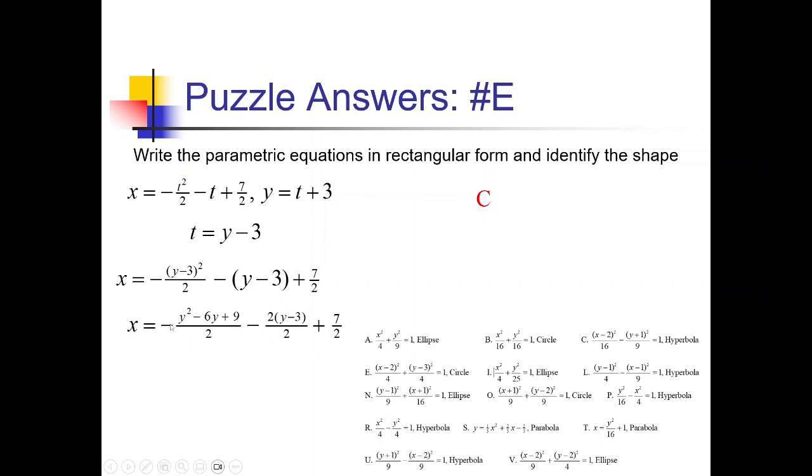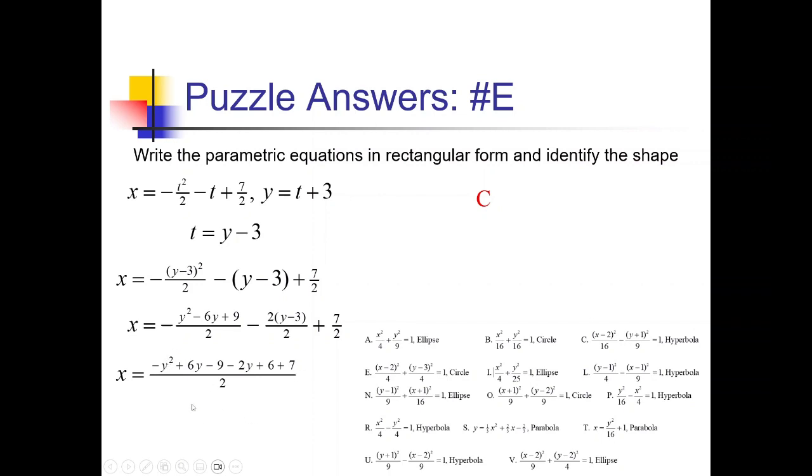So this negative 1 gets distributed to this whole numerator. That gives me a negative y squared plus 6y minus 9. Moving on to the next one, distributing negative 2 to the y minus 3. That's going to be a negative 2y plus 6. And then I have this plus 7 coming along for the ride as well.